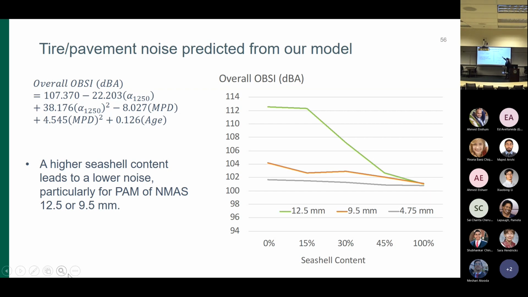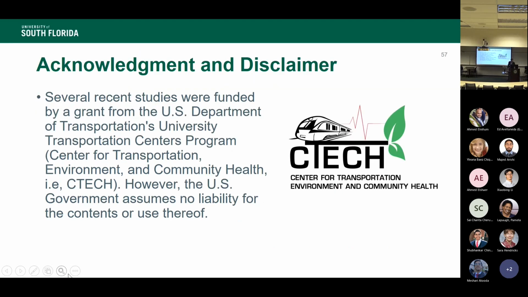Then the larger average size seashell material will have a significant reduction in tire noise. So we see some benefits of using seashell material in the porous asphalt mixture with larger average size. All right, I'm running out of time.